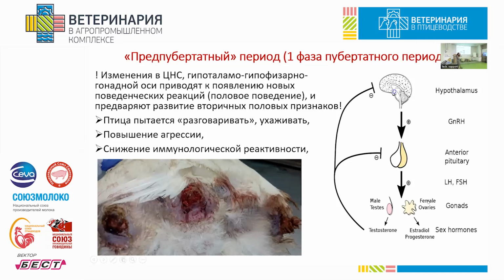However, at this stage, the body really realizes, the brain realizes that it's high time to start developing the reproductive system because every other system is already in place. The hypothalamus releases GnRH, gonadotropin-releasing hormones that impact the pituitary, and it starts synthesizing LH and FSH.